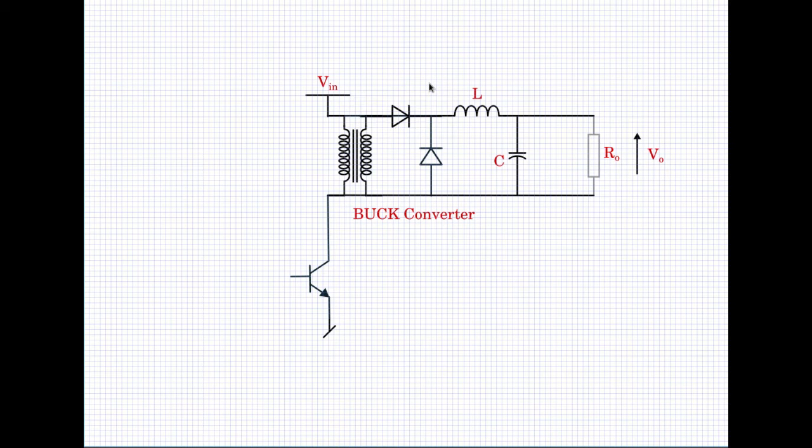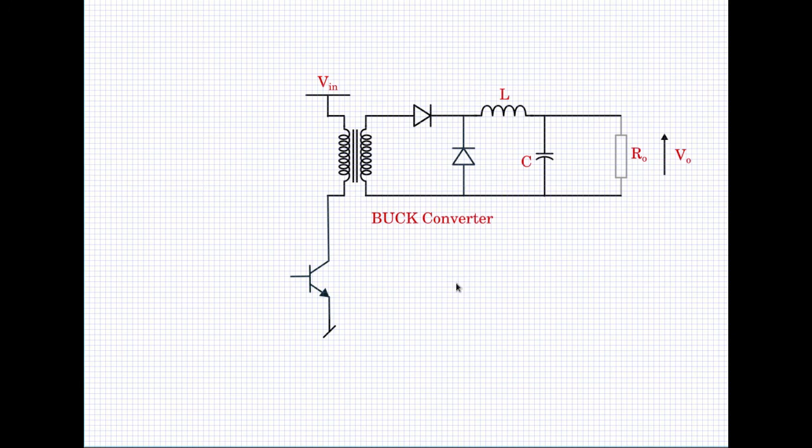So now let me clear up the clutter and we will put the circuit neatly in the following manner. So now I have cleared up the clutter and connected the circuit properly, and you see that this is the isolated buck converter, and this is called the forward converter. So no longer should we call this a buck converter, it should be called the forward converter.